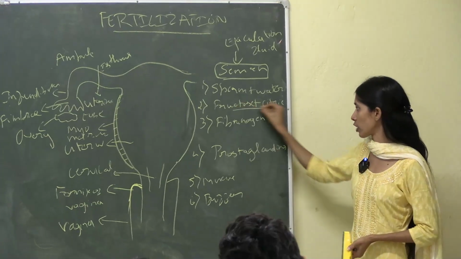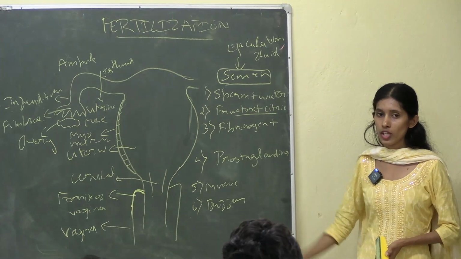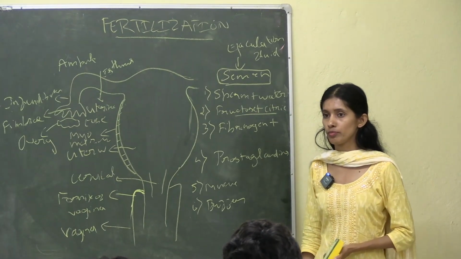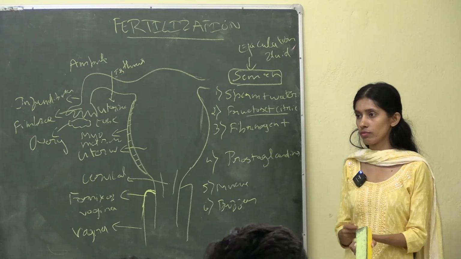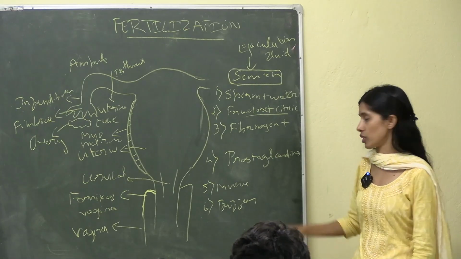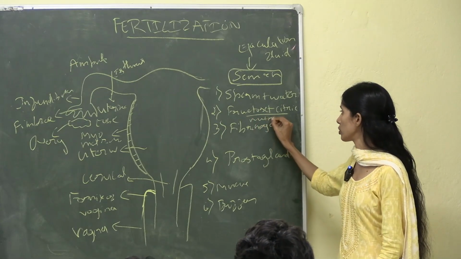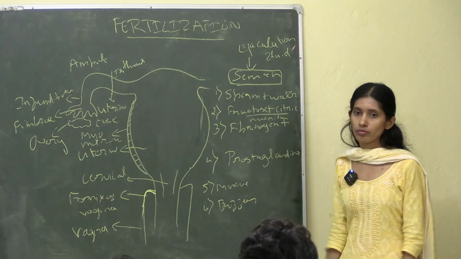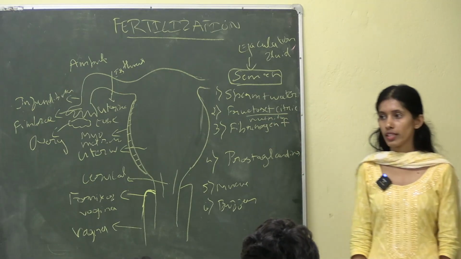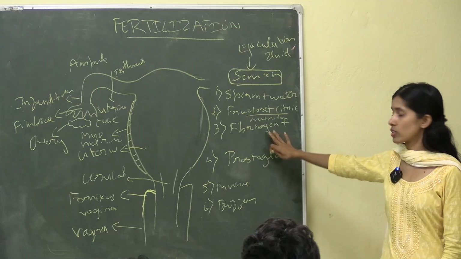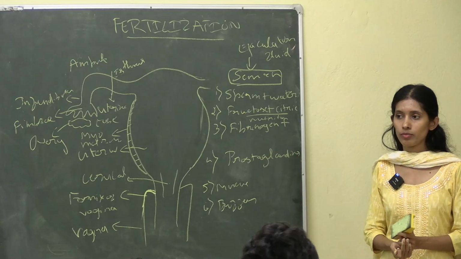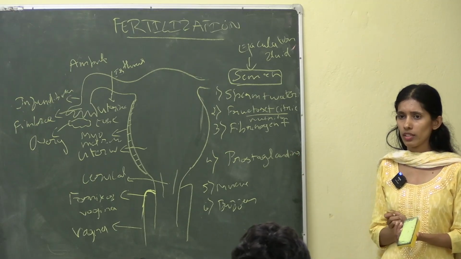What is the function of fructose and citric in the ejaculation fluid? It provides nutrition. Okay. Next is fibrinogen plus, what is the important thing here?